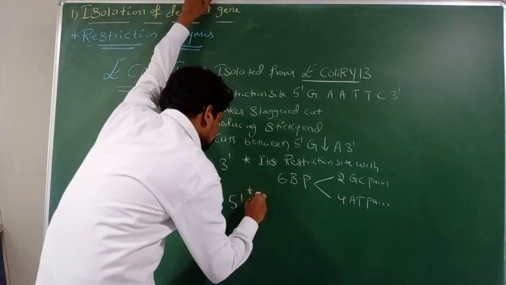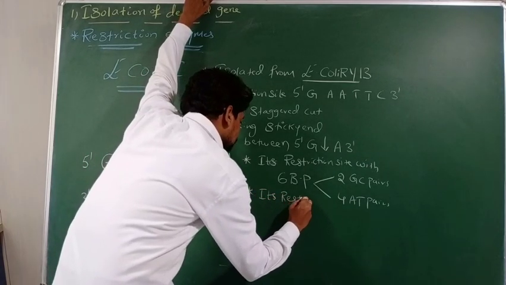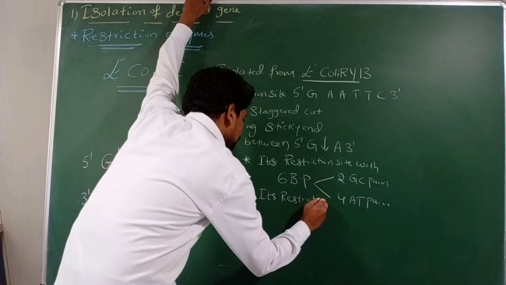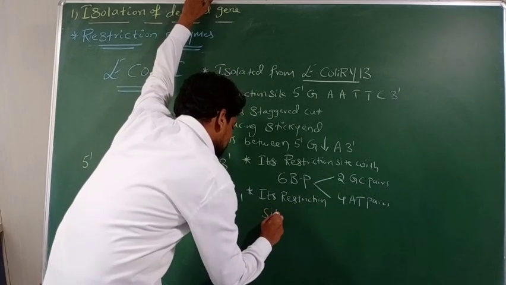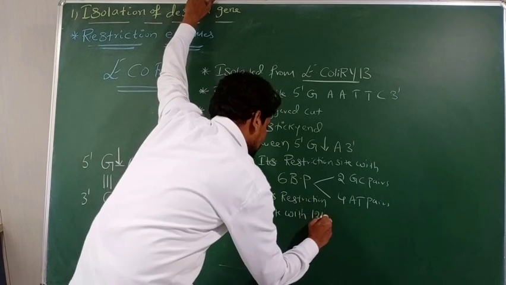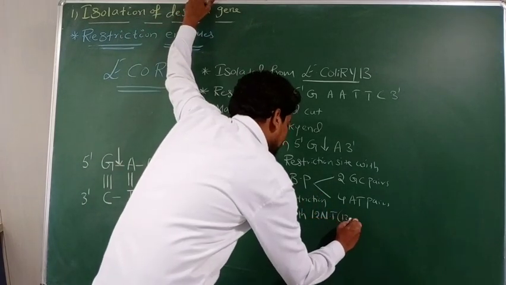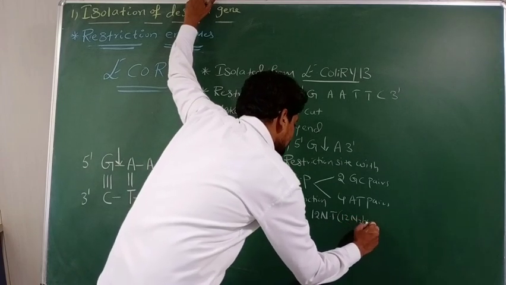Therefore, it's a restriction site with 12 nucleotides. 12 nucleotides means how many nitrogen bases are present? 12 nitrogen bases.